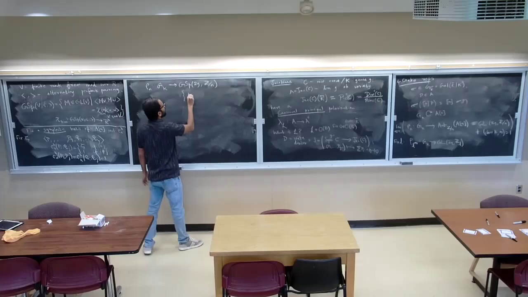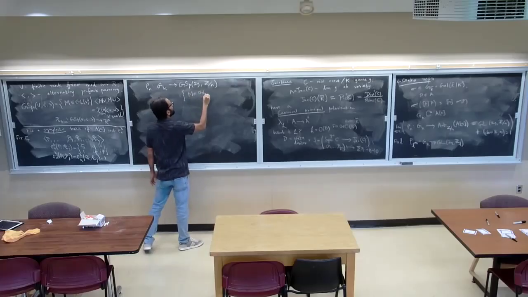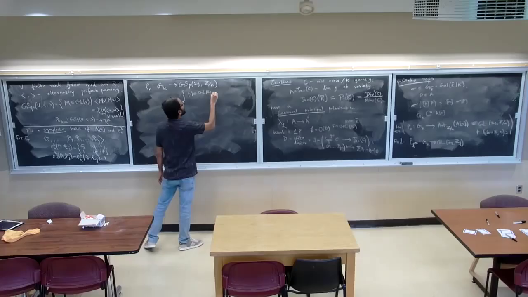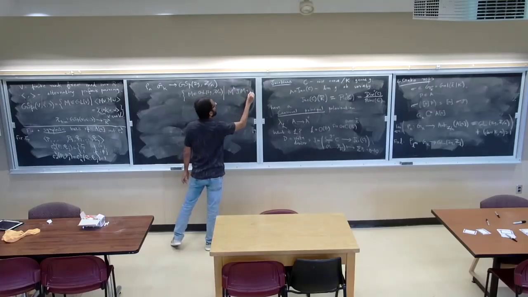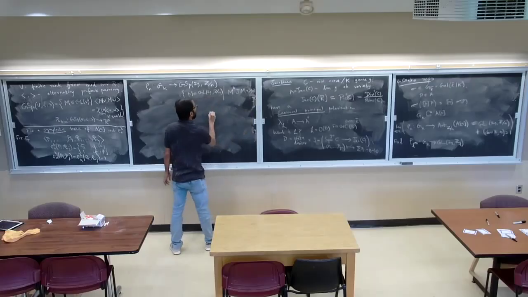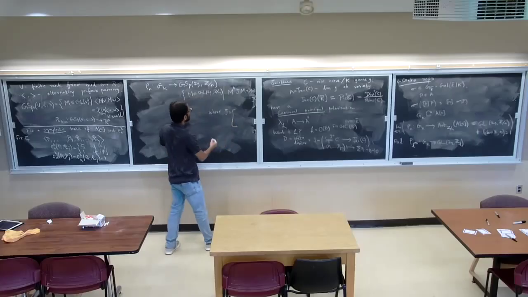This is the set of all 2g by 2g matrices M such that M transpose J M is equal to some scalar times J. J is a matrix representing the pairing.